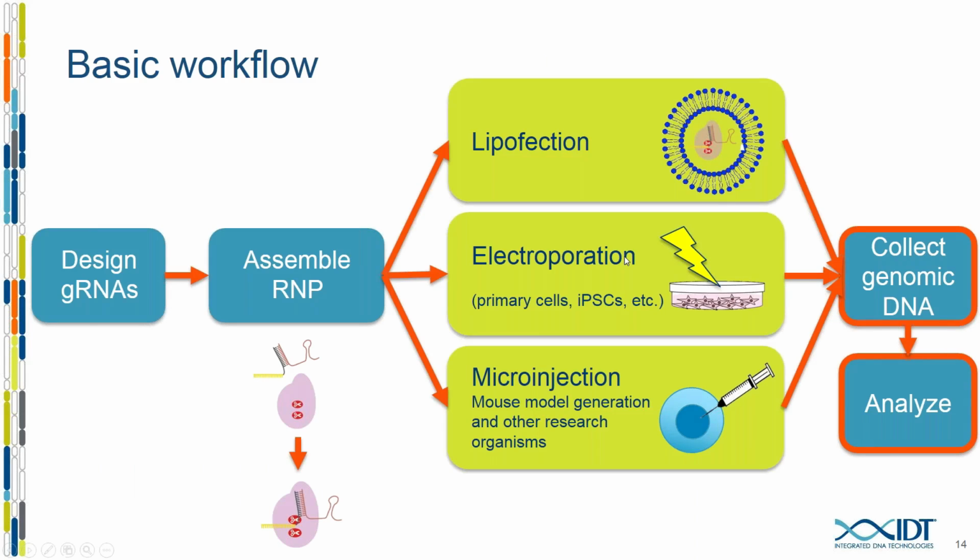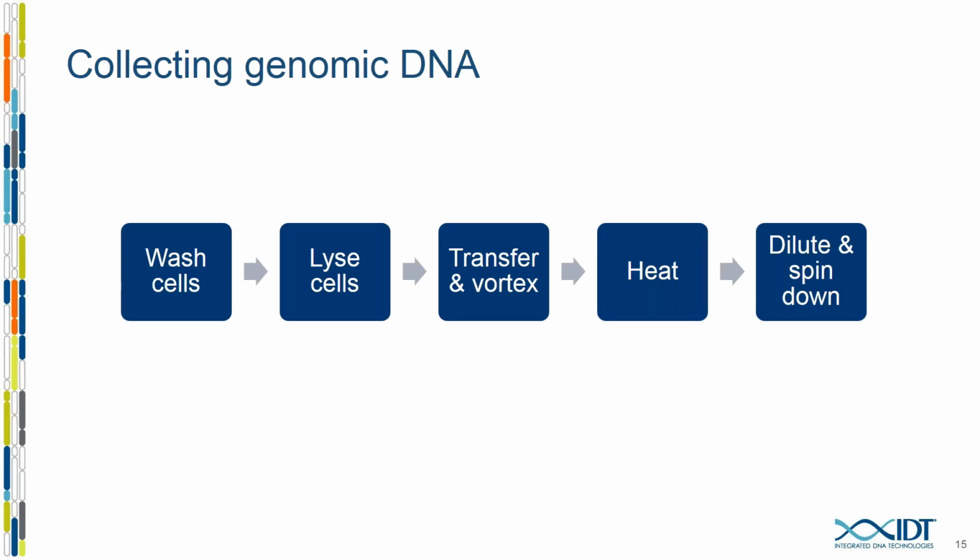So now we've successfully delivered these to cells, and we'll quickly talk about collecting genomic DNA and then moving on to analysis of those results of the CRISPR editing. Collecting DNA is pretty straightforward. I'm guessing many of you have already done this. This is detailed much more specifically in the protocol, but in short, you have a couple PBS washes of your cells, lyse the cells.